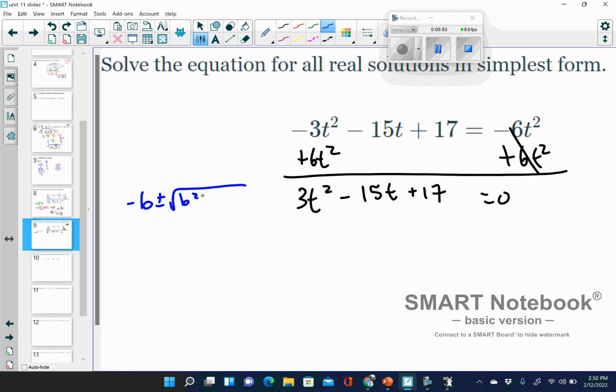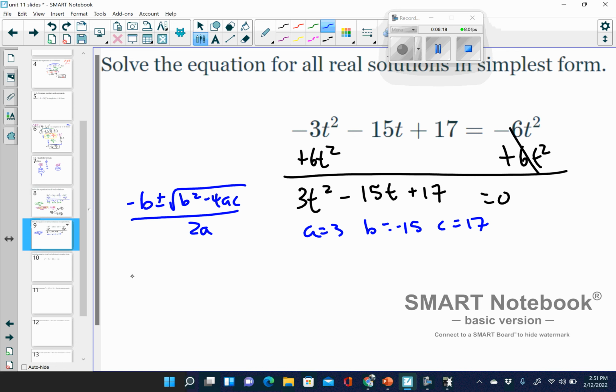Square root of b squared minus 4ac all over 2a. A equals 3. B equals negative 15. C is equal to 17. So you're going to take this and solve it as regular, right?